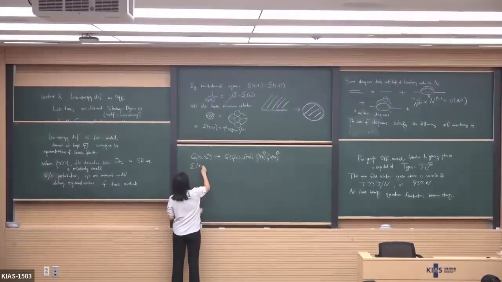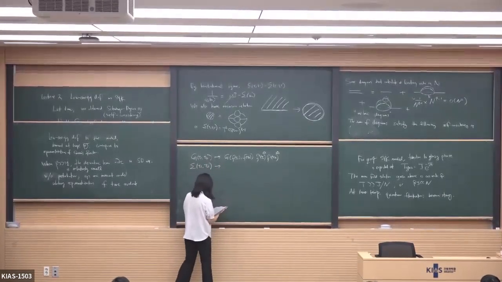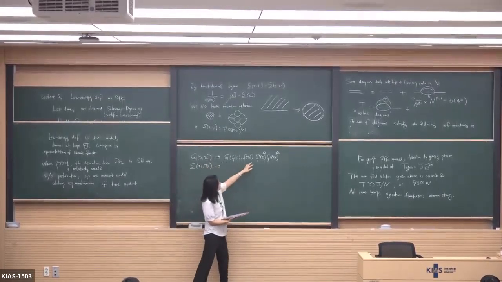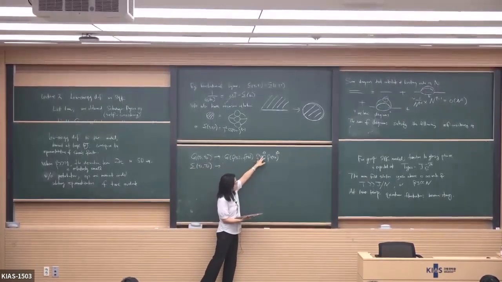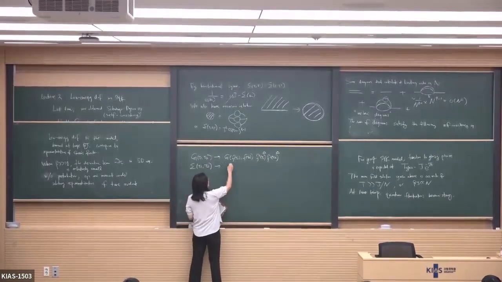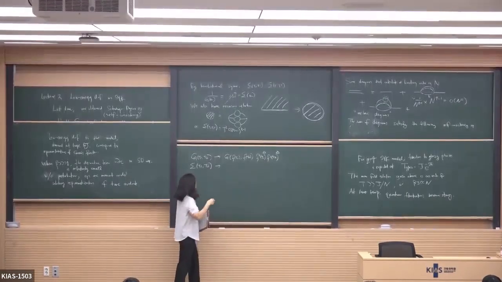Okay. So G transforms with f prime raised to the delta power. Sigma transforms with derivatives raised to the power 1 minus delta.